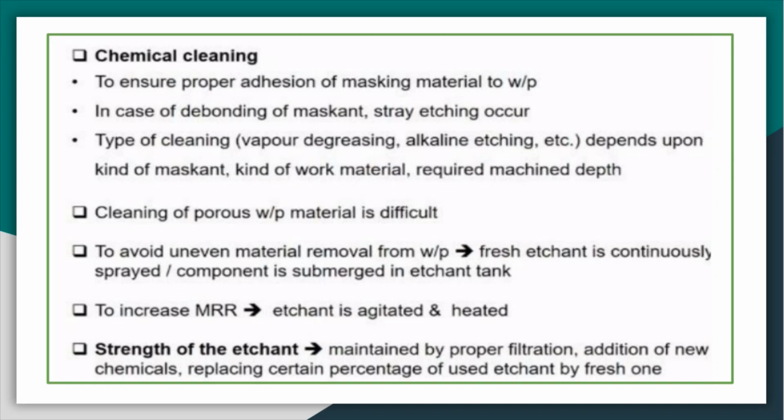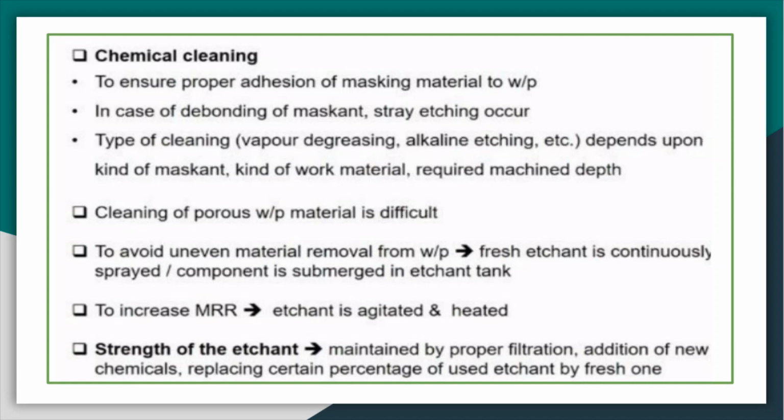The type of cleaning, it may be vapor degreasing or alkaline etching, etc., to be used depends upon the kind of maskant, the kind of workpiece, and the required machined depth. However, cleaning of porous workpiece material is rather difficult for chemical machining.